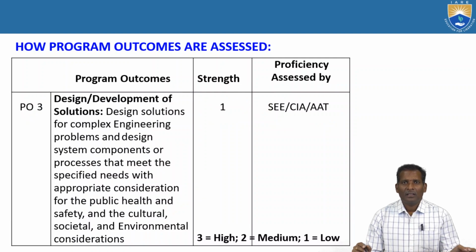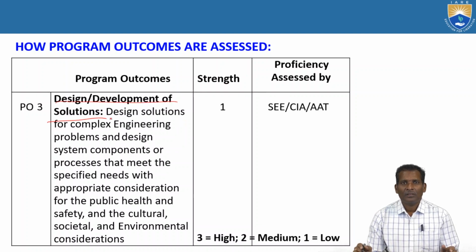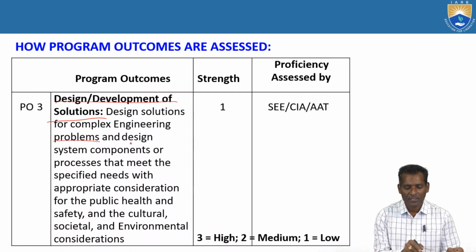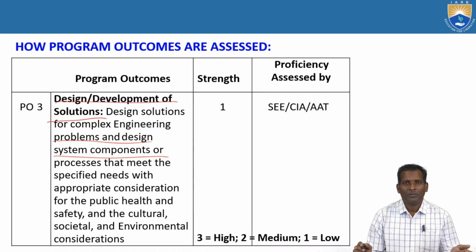And here, the third PO, design and development of solutions. Design solutions for complex engineering problems and design system components that meet specified needs with appropriate consideration for public health and safety.